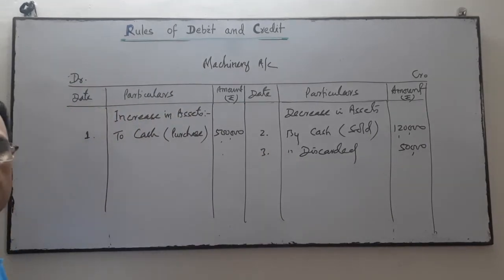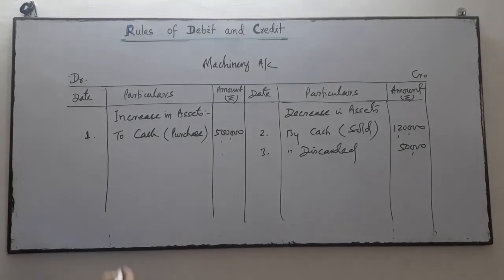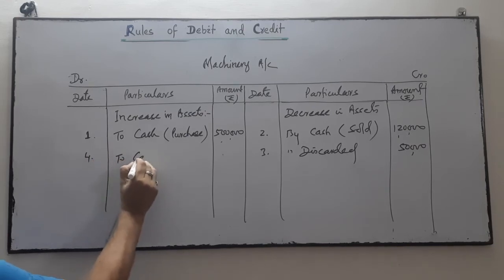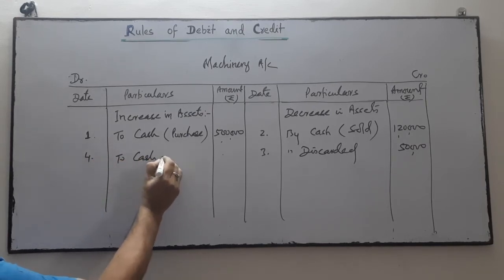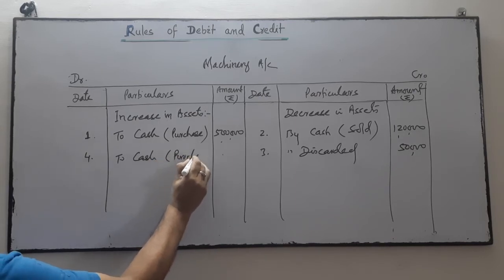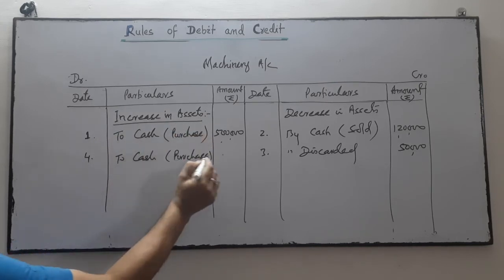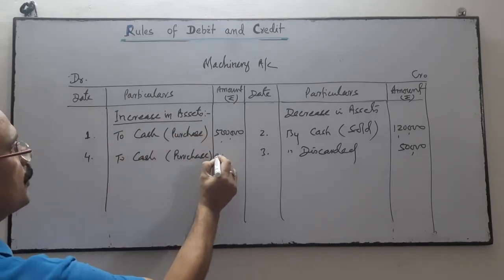Scrap. Next is new machinery purchase. Then we'll write on this side, new machinery purchased, to cash. Once again, new machinery purchased, so assets will increase. We'll write on this side, new machinery is purchased for 2 lakhs.